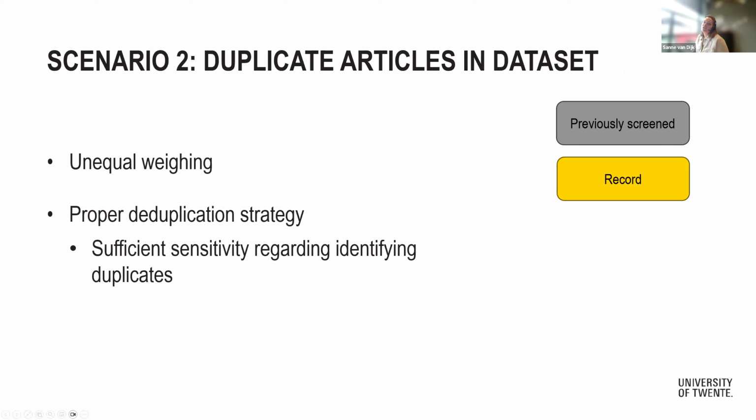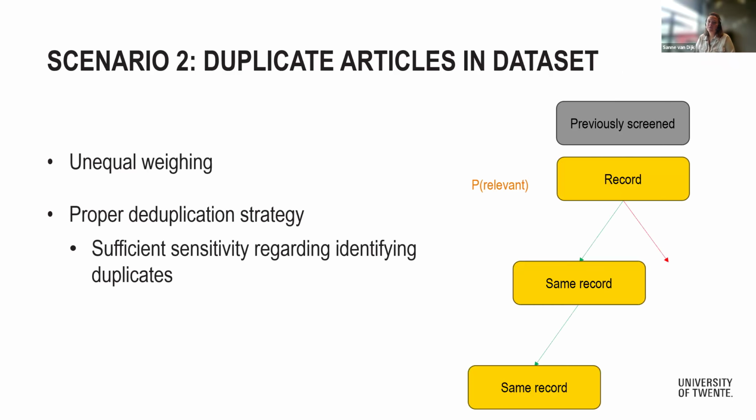The second issue we came across is that of duplicates in the data set. So the algorithm takes all previously screened records into account when picking the new record, as I told you. And if more and more of the exact same records are labeled relevant, this will probably result in unequal weighing of articles.